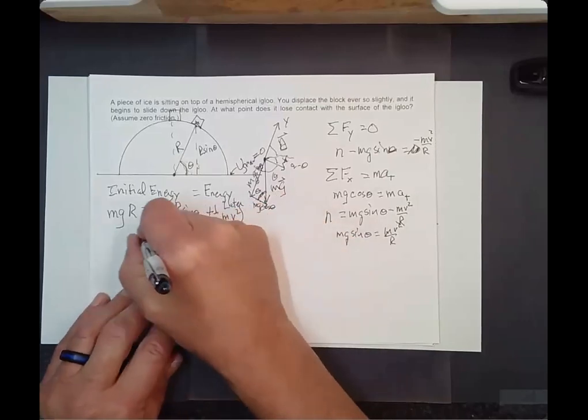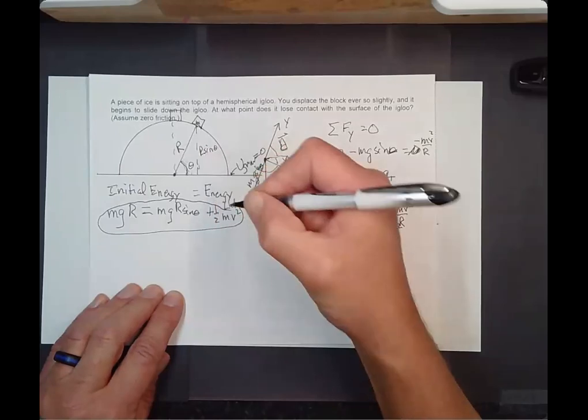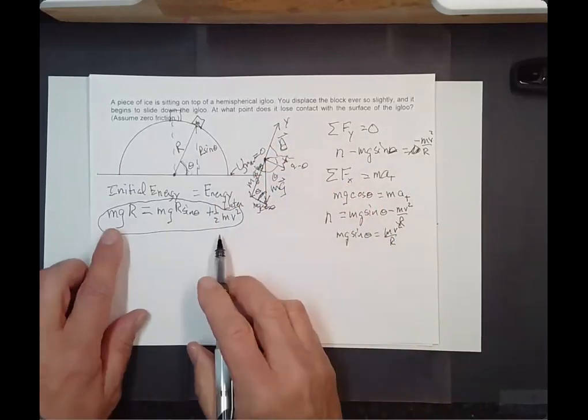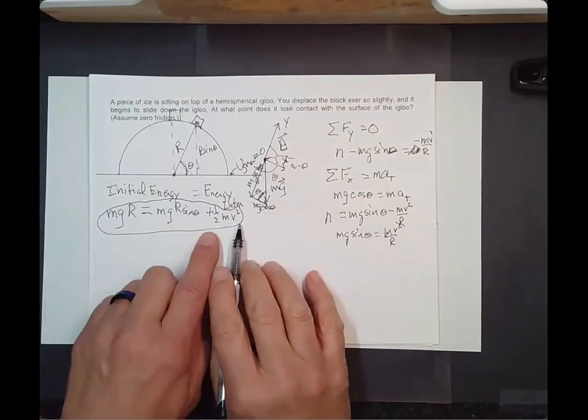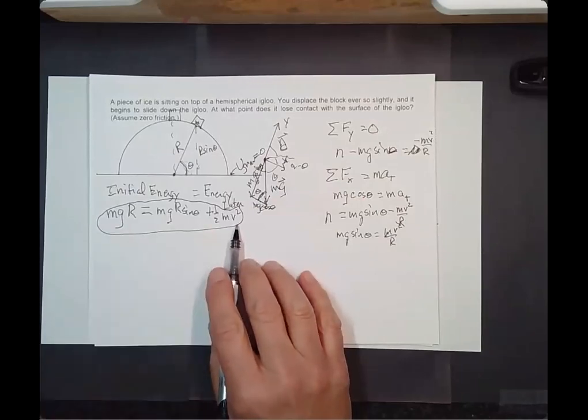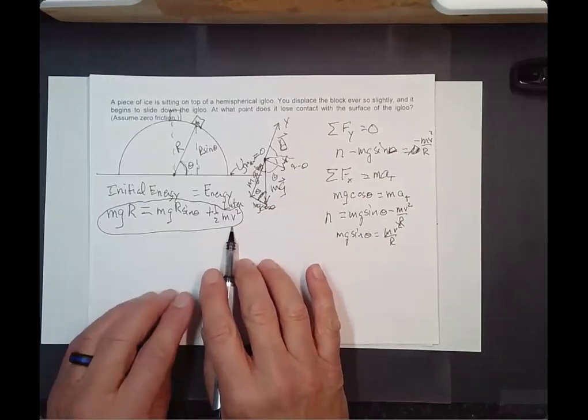So this is the energy as a function of the angle theta, but it's also going to depend on the speed, and we don't quite have anything for that here.